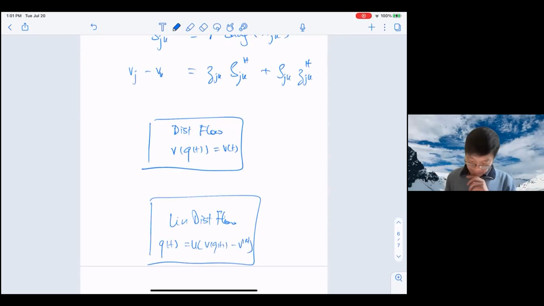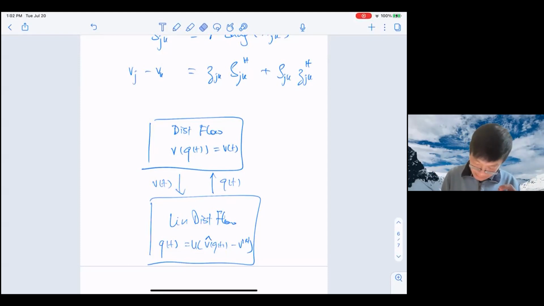Now the important thing here is that this V is not the V produced by your linear model. Sorry, let me use this. This is V hat. This is not the actual voltage. So this is Q of t, this is the V of t.